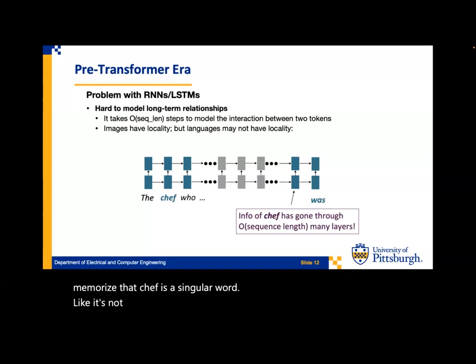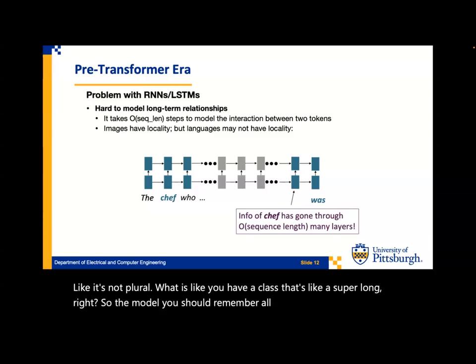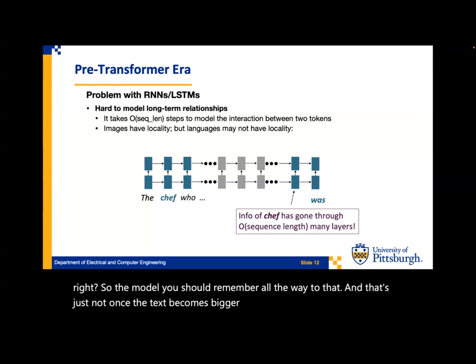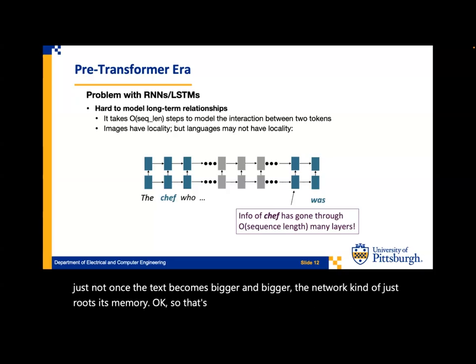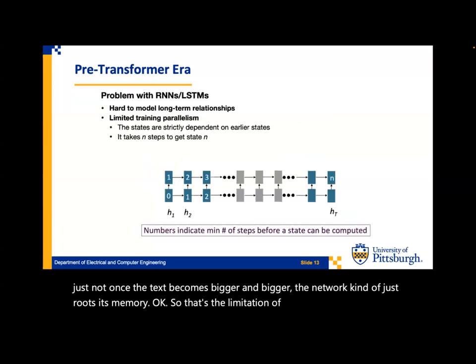What if you have a clause that's super long? The model needs to remember all the way back to that. Once the text becomes bigger and bigger, the network just loses its memory. So that's the limitation of all these recurrent neural networks.